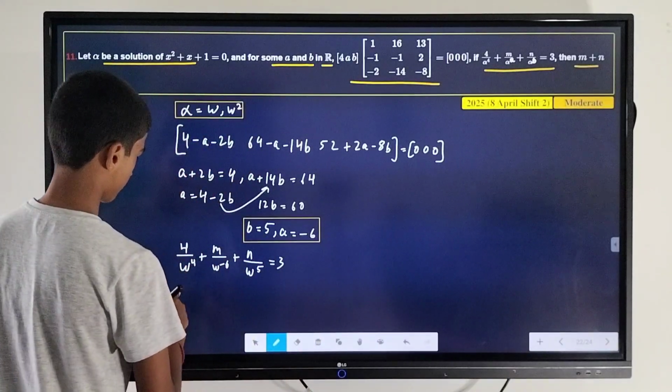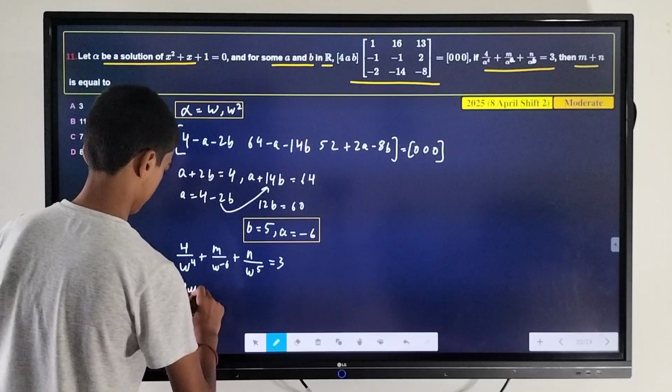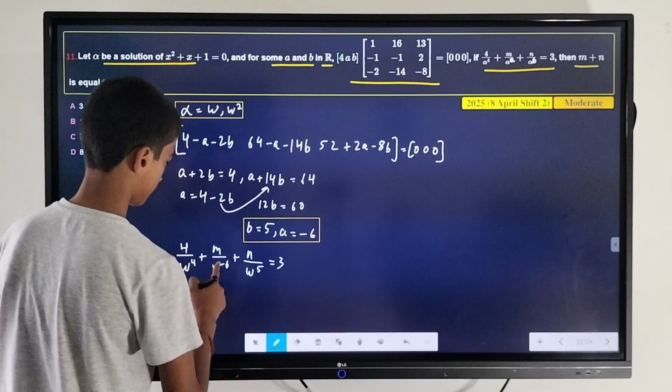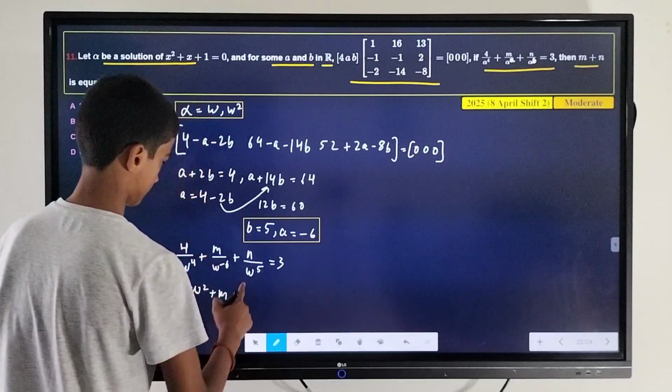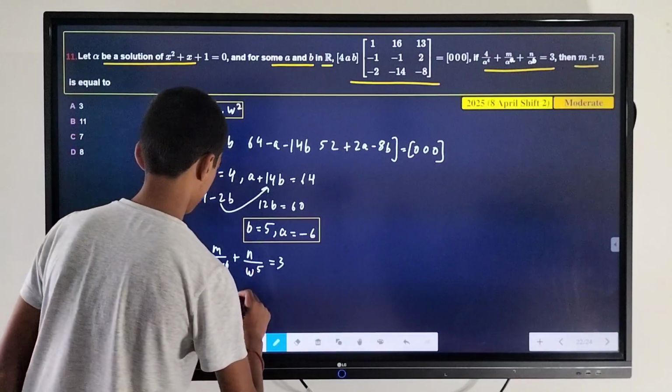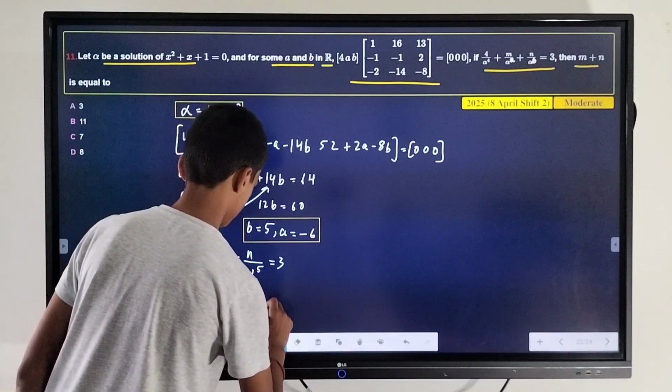This will be 4 omega square, m into omega 6, so only m, plus this will be omega n upon omega square, and so on, is equal to 3.